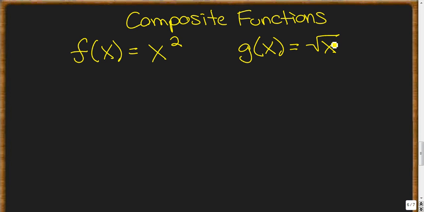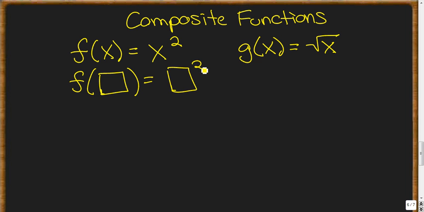What composite functions do is you take an input and think about it more so that whatever I plug in to f, I like thinking about it as boxes because sometimes x's get confusing, is that I'm squaring whatever I input. And g says whatever I input, I have to take the square root of that input.